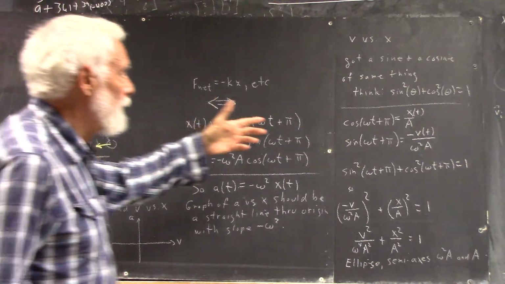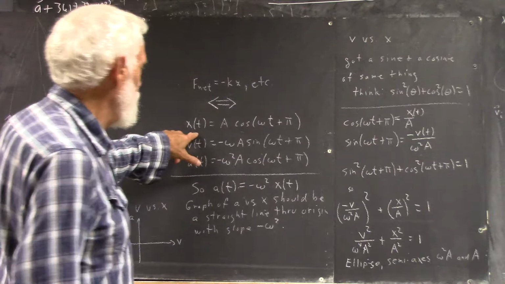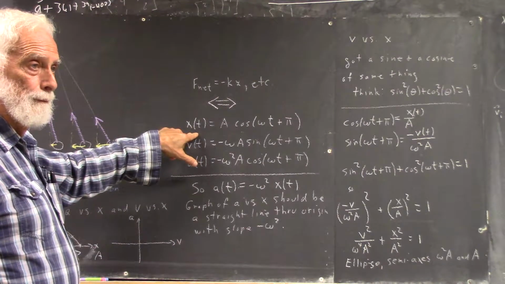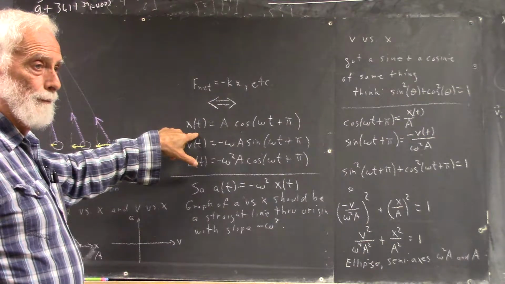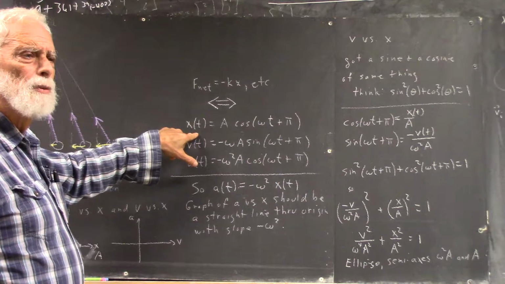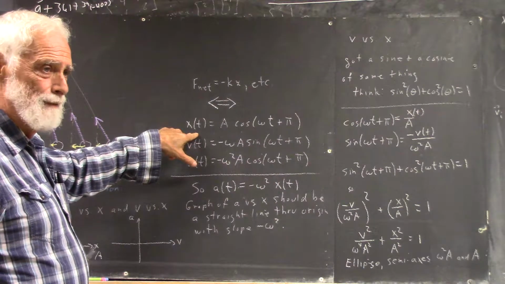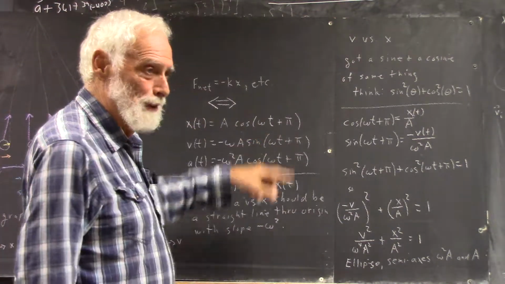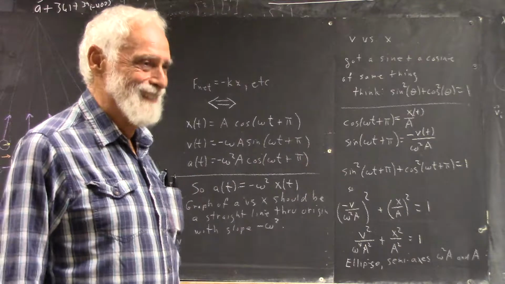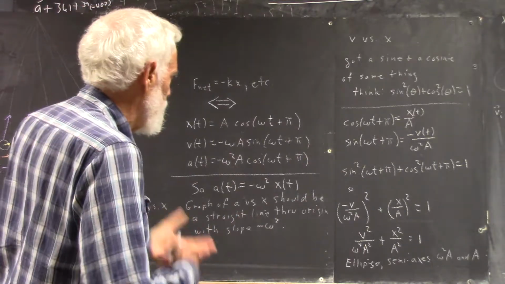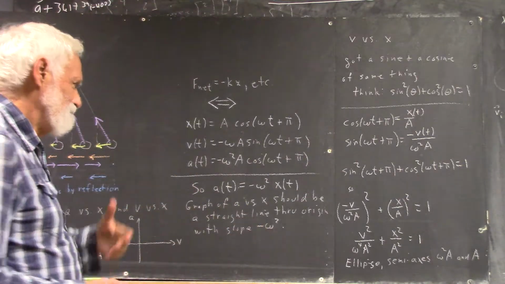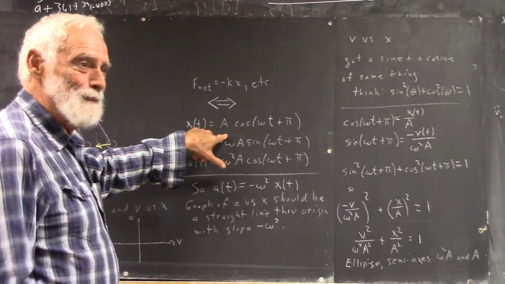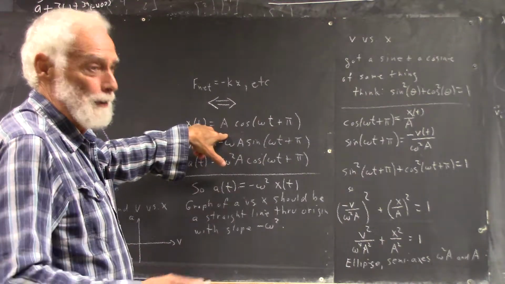Because what's the maximum possible value of x of t? A times 1, or just A. Okay, yeah, I thought you, A times 1, or just A. You didn't have the comma in there, and I thought you were saying something about A, and I wondered what in the world you were thinking. But now I know, okay? And that's right, totally right.